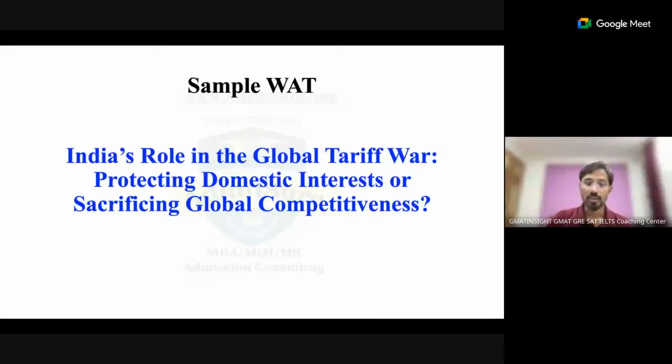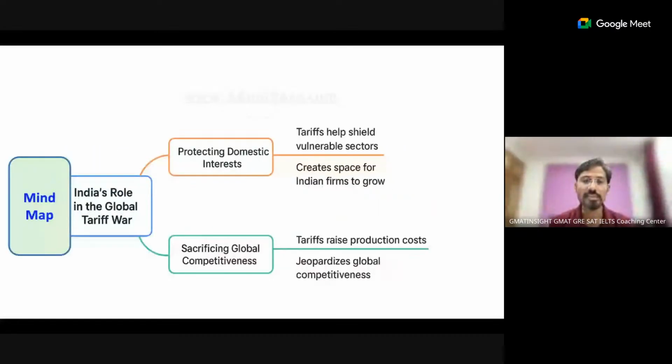Now, when I said that first of all you should make a mind map, I simply mean that you should branch out whatever ideas you are thinking to work upon. For example, when we look at this topic, we are probably thinking about India's role in this global tariff war that is going on. What could be two aspects that you would like to discuss?